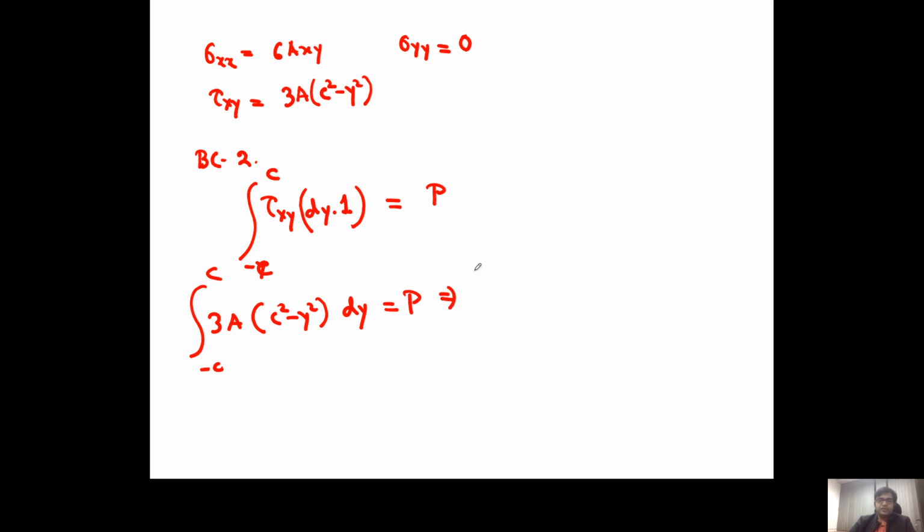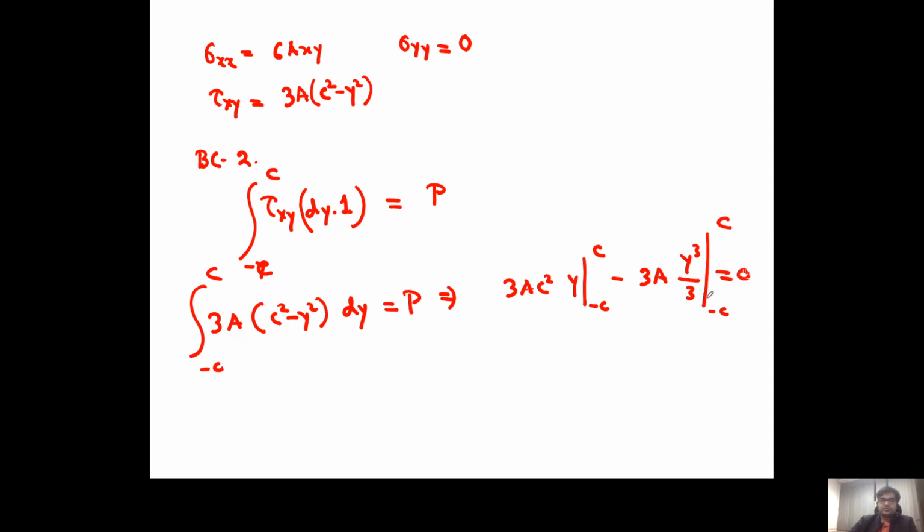This implies, if you take the first term, it is 3ac square dy, which becomes y, and y goes from minus c to c, right? Then there is minus 3a, y square becomes y cube by 3, and y goes from minus c to c.